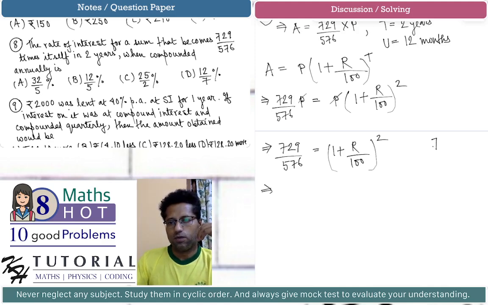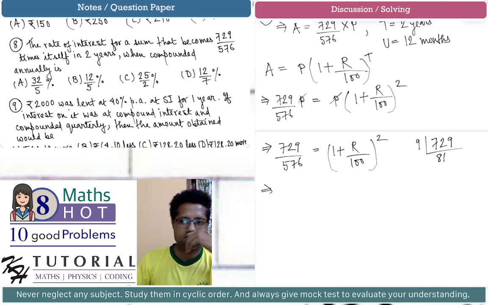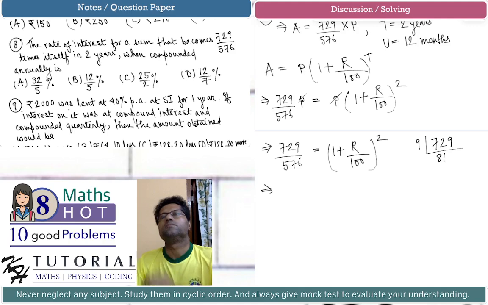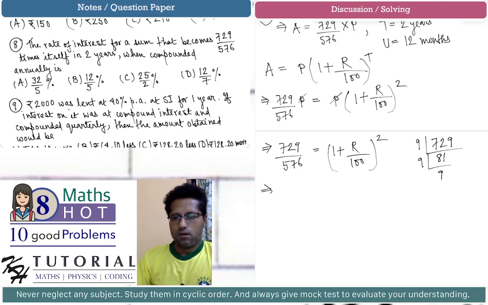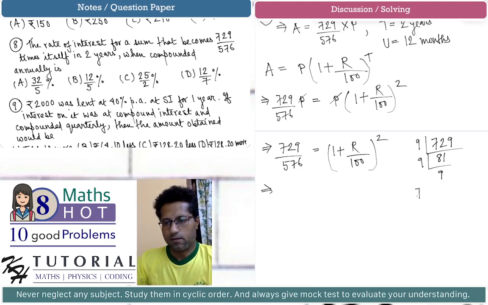So let's do a little bit of factorization. 729, and this is 9 and 9. So 729 is equal to 9 multiplied by 9 multiplied by 9.